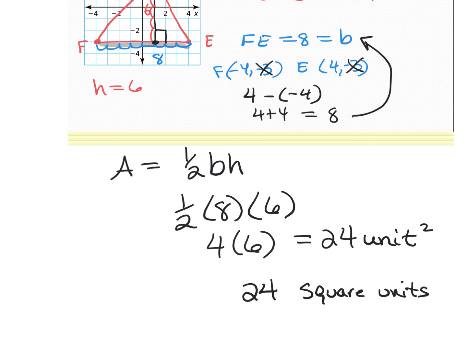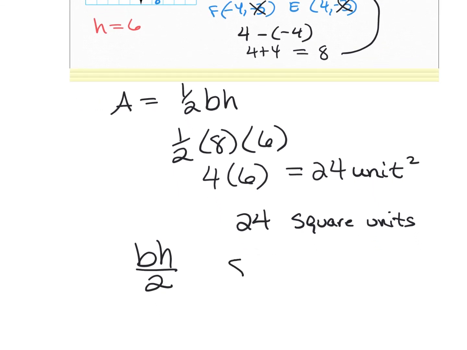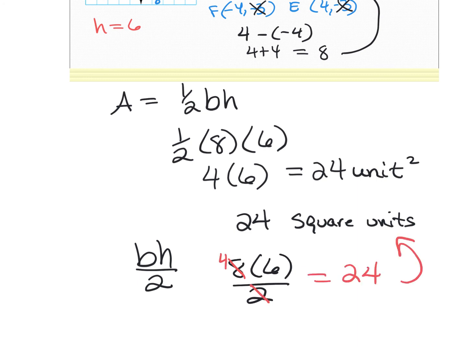Now, instead of writing my area formula like that, I like to just do base times height, divide by 2. So I would plug in the 8, the 6, and divide by 2. You can choose to divide only one of them by 2 and then multiply what remains, and you still get the same answer that way.